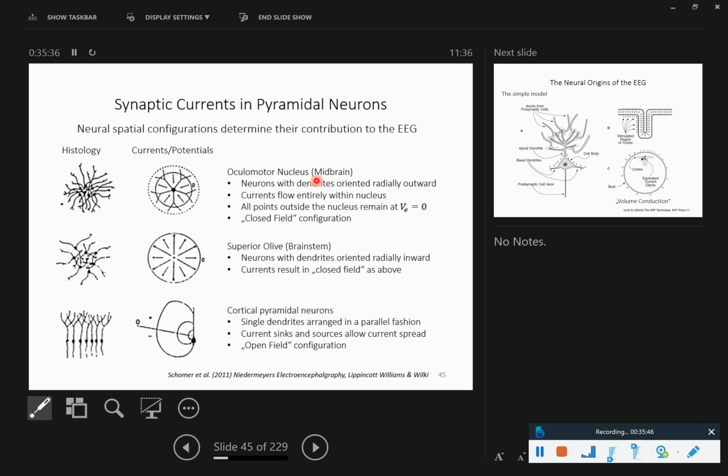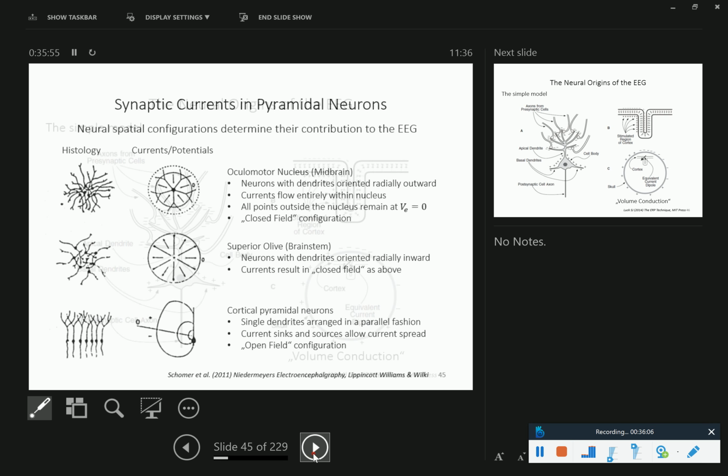In this case, you could measure something if you have the electrode in here, but the contributions of the neurons that are in there cancel each other out, and you don't detect it on the cortex.